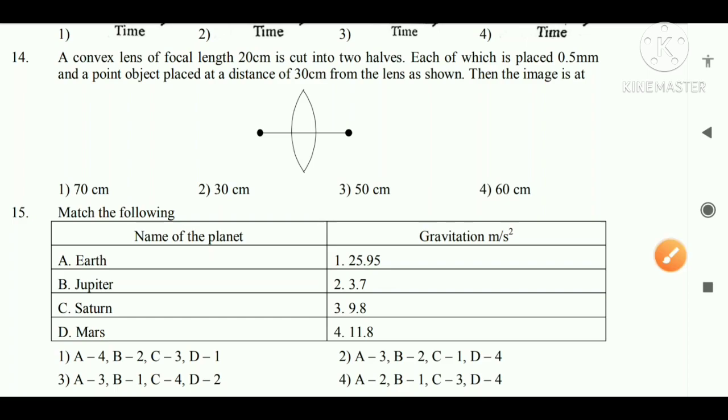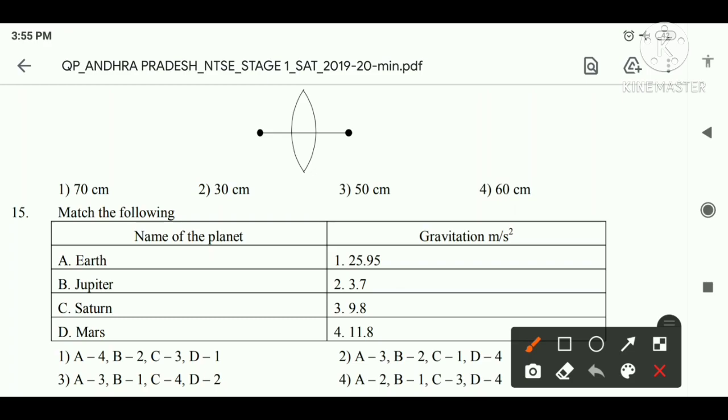Here the convex lens is given, but it says it will be cut into 2 pieces, each of focal length 20 cm, and the point object is put in between. The difference is 0.5 mm.